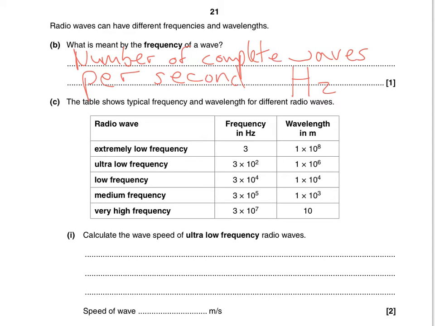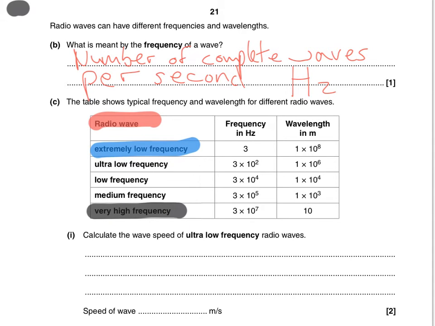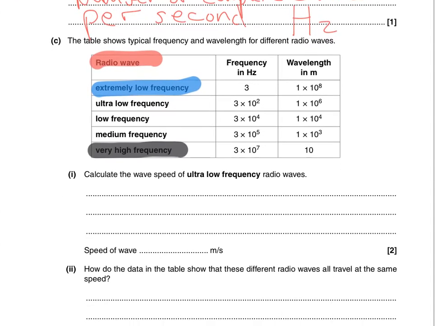Here we go. So now it gives us a little bit of information about the different radio waves. We've got extremely low frequency waves, all the way up to very high frequency waves, okay? Now, calculate the wave speed of ultra low frequency radio waves. So there's 2 ways to attack this question. First way is just being a brain box like me, okay?